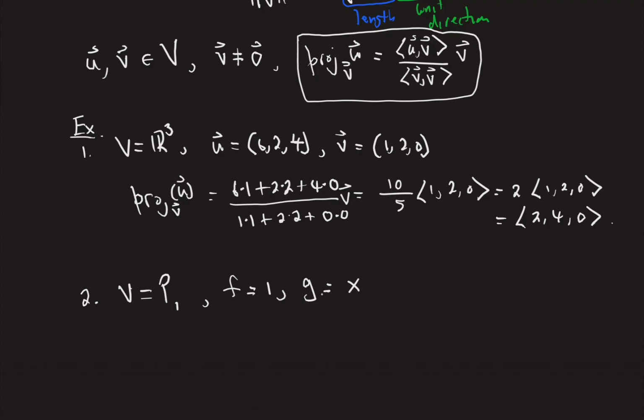So we want multiples of the function x that are as close as possible to the function 1, our f function here. But in order for that to happen, we have to utilize the inner product.